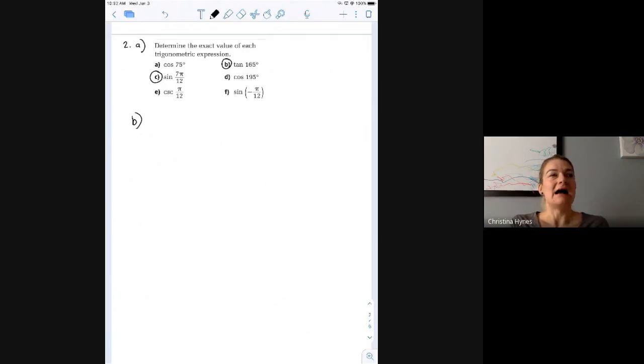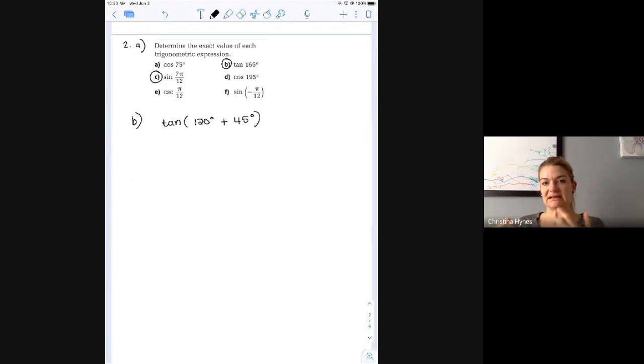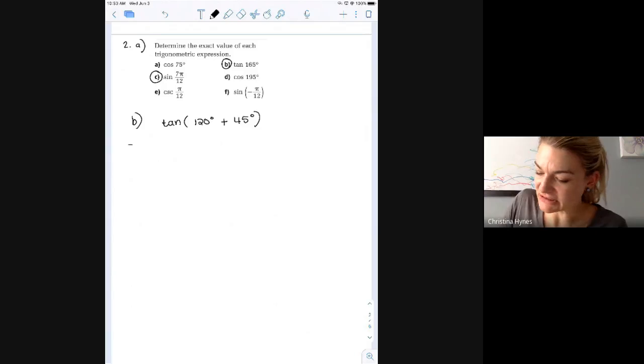The most common ones are 30, 60, 90, using 180, using 120, 150, 270, 360. Those are the numbers you want to use when doing these questions. So for this one, I chose where tan 165 could add up to 120 plus 45 degrees. Whatever method you chose, as long as it adds up or subtracts to that number, you'll still get the right answer.